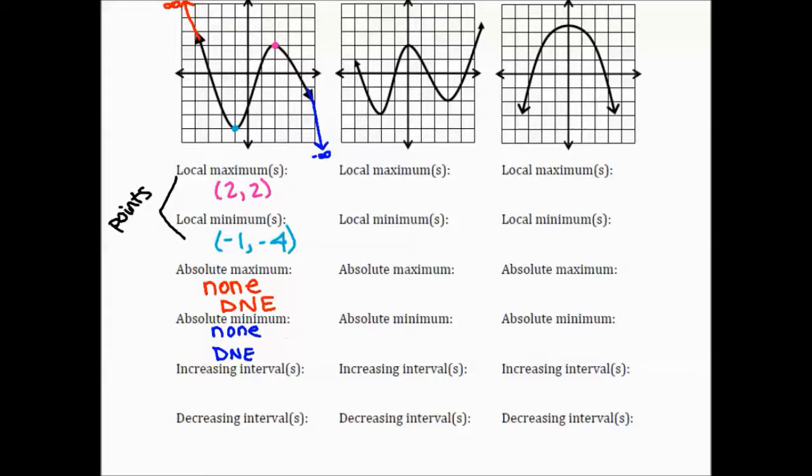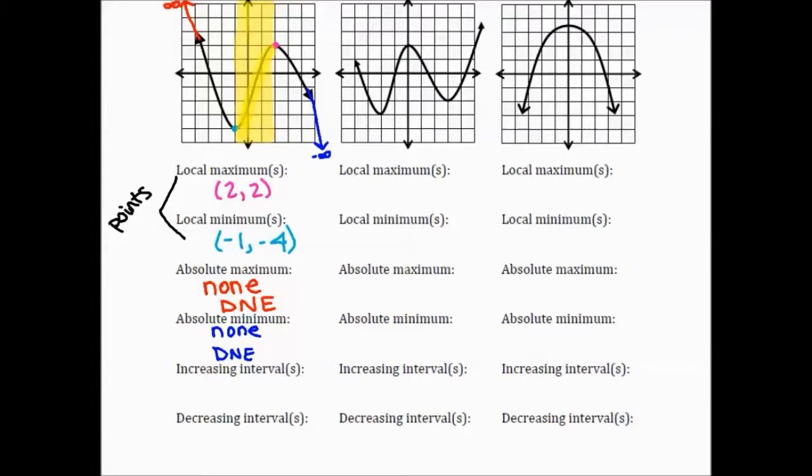For the increasing intervals, I'm going to use a highlighter to help with this. So this section of the graph has a positive slope. The graph is increasing, okay? So I'm going to highlight this whole section of the graph.